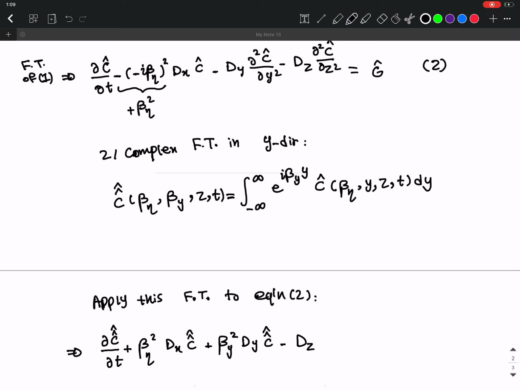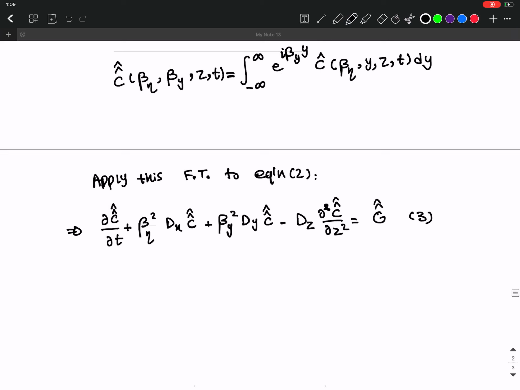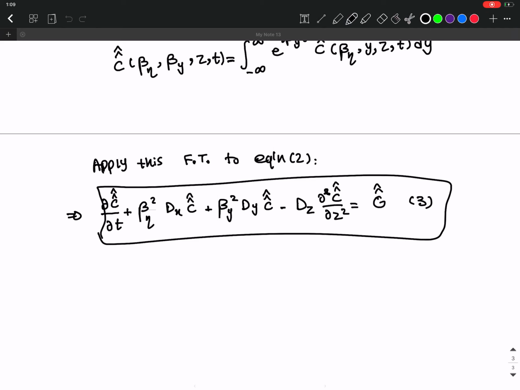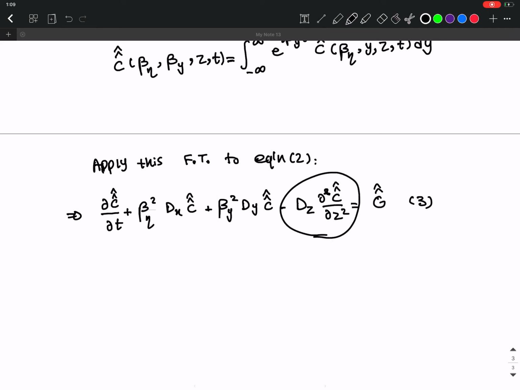So it's going to be dz partial square c double hat over partial z square equals g double hat. And this is equation 3. So you see now the equation has become simpler to solve. We only have one high order derivative.